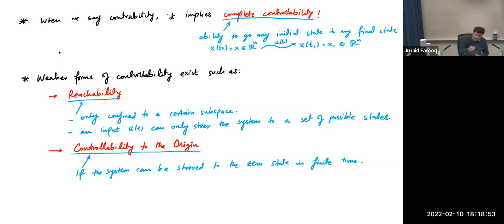Now, the question is, what are the options if the system is not completely controllable? That will bring us to our idea of feedback control systems. So what if the system is not completely controllable?